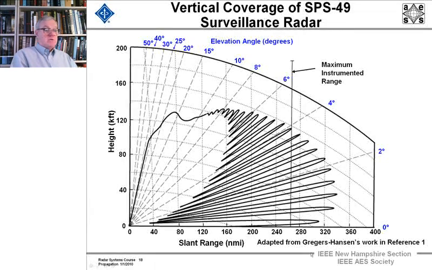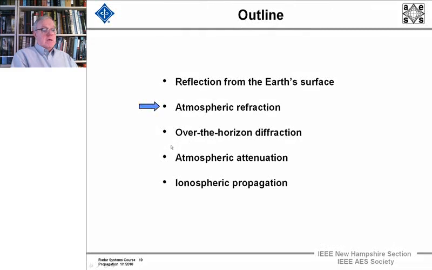And there are places where there are clear nulls. And as we get to higher elevation angles, remember from the previous view graph, the effect drops off. Okay, now let's look at atmospheric refraction.